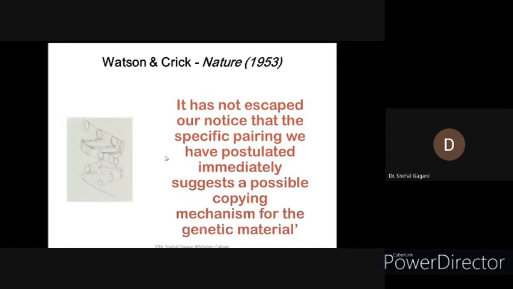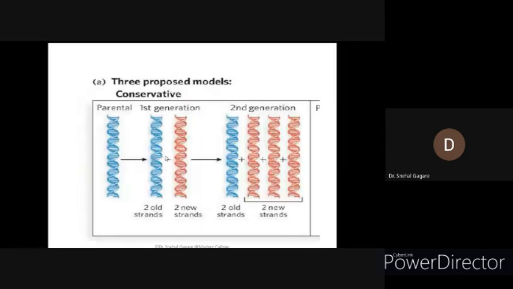From then, many scientists were trying, and much experimental evidence was put forward to show that the structure of DNA is double helical. But how is DNA replicating itself, or how is DNA synthesized inside the cell? For that, three models for DNA replication were proposed.